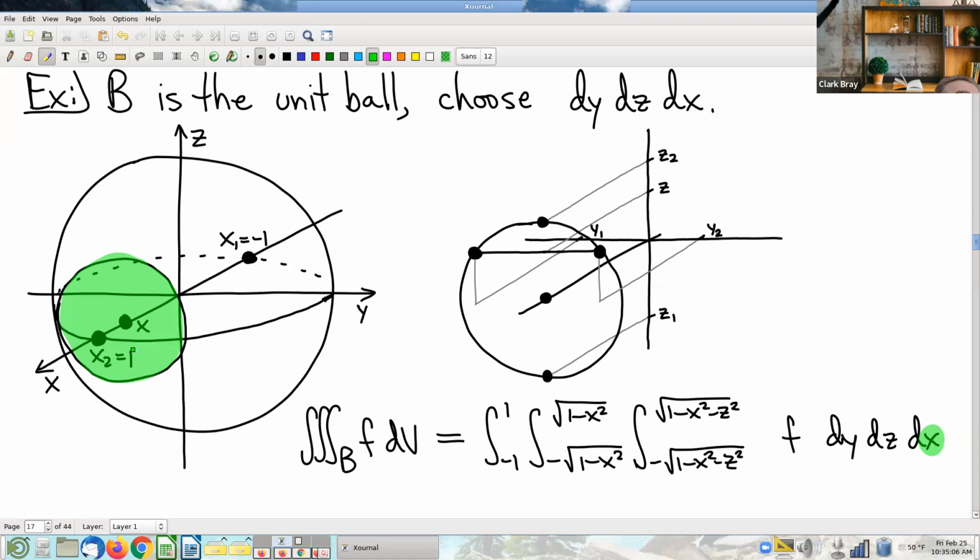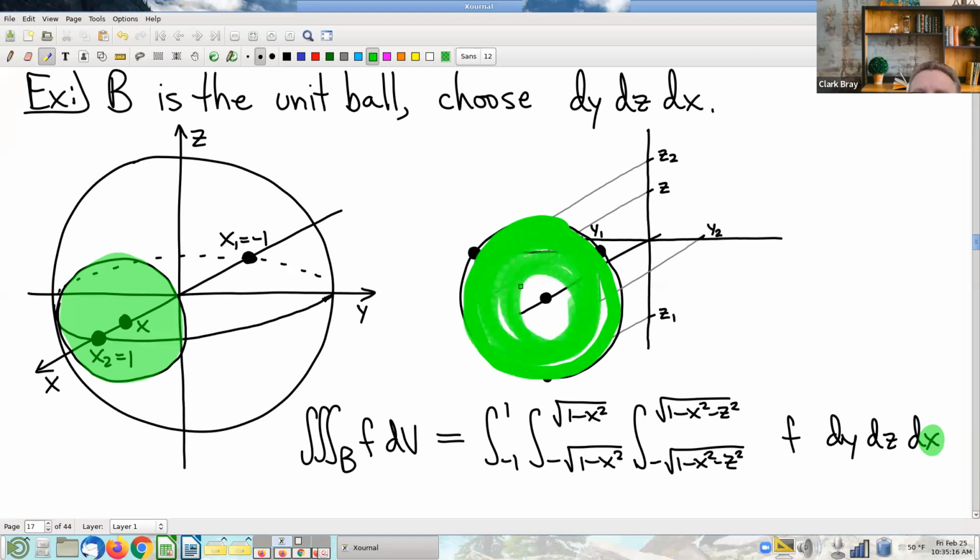So don't underestimate that challenge. And to make things easier, I'm going to come over here and look just at the slice itself. This gets the sphere out of the way and makes the picture a little bit easier to analyze, because I don't really care about the rest of the sphere at this point anyway. We just care about that value of X.